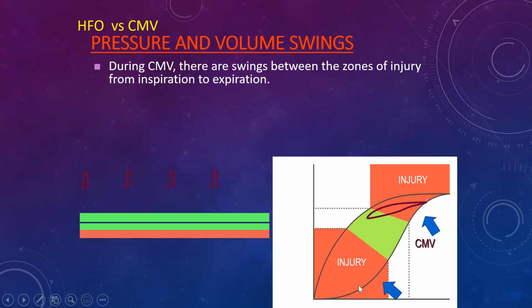So we want to ventilate the lungs somewhere in this area, ideally in what is called the green zone, which is a safe zone. Either you under recruit the lungs or over recruit the lungs, and that is the injury zone.